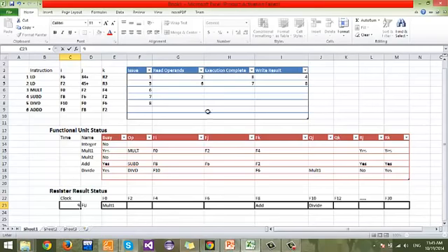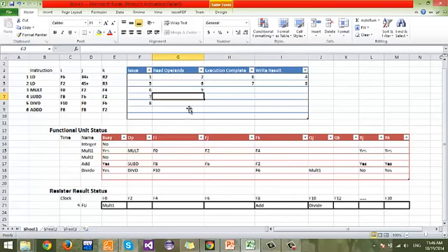At clock cycle 9, what will happen? Can mult instruction read its operands? Yes, as all the operands are available. So mult1 can read its operands. And what will happen to sub D?